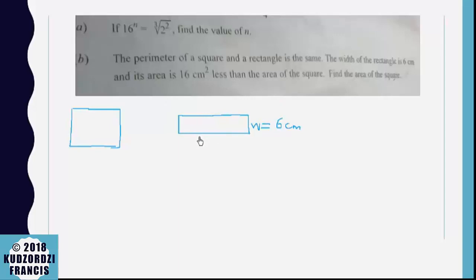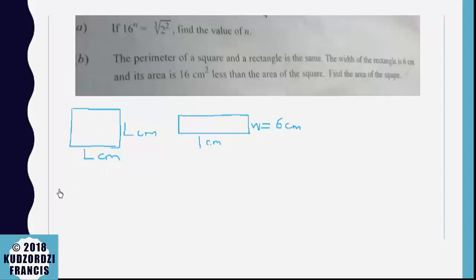So we can choose small l to be the length of the rectangle, and capital L to be the length of the square. Note that this is a mistake I think most students will be committing. They will think that the length of the square is the same as the length of the rectangle. It is not true, because we are not told anything like that. The only thing we're told is that their perimeters are the same.